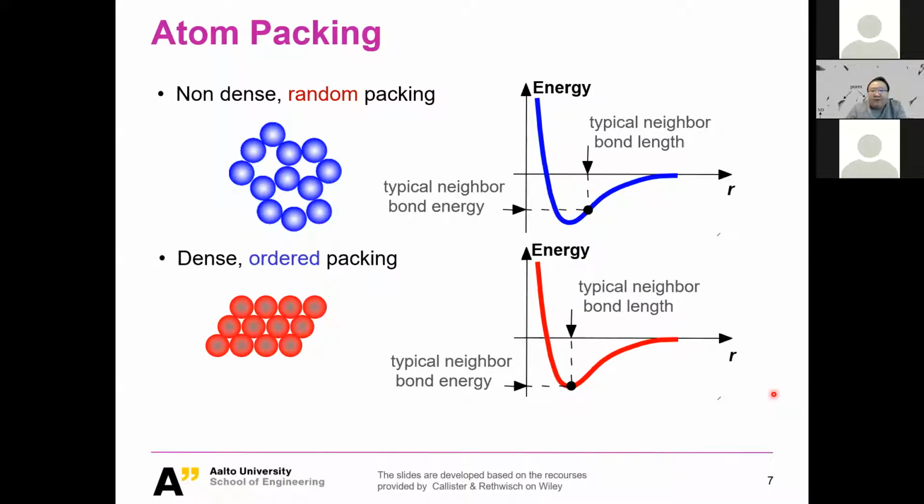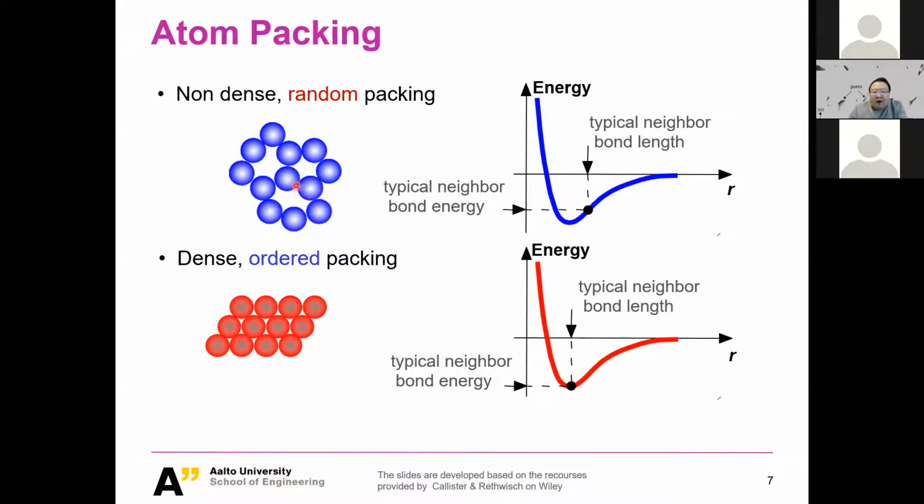And the reason is pretty simple, because we already showed you this energy versus distance, the bond length diagram. Our atoms always prefer to go to the lowest energy. This is nature. Roughly speaking, when we have random packing, you can already see the random packing is not giving you the highest packing density.